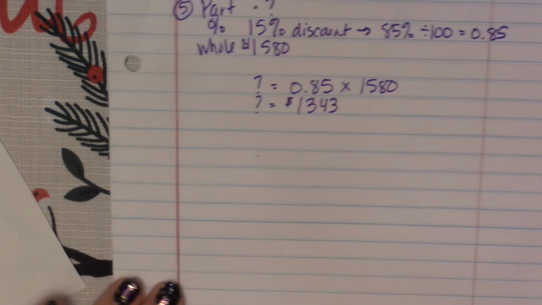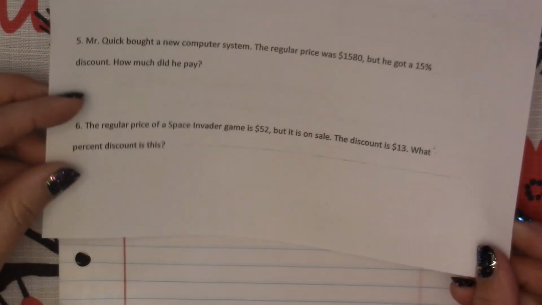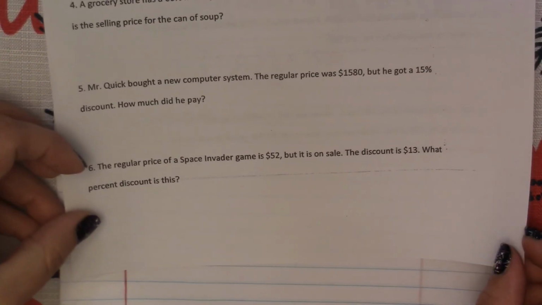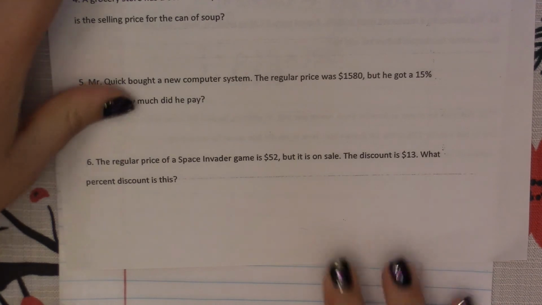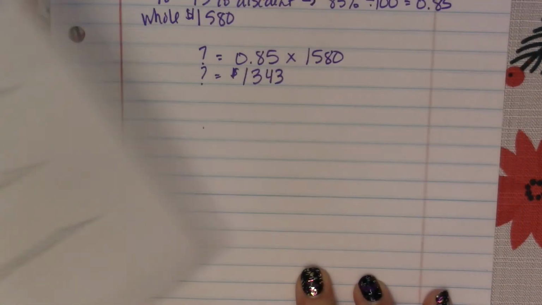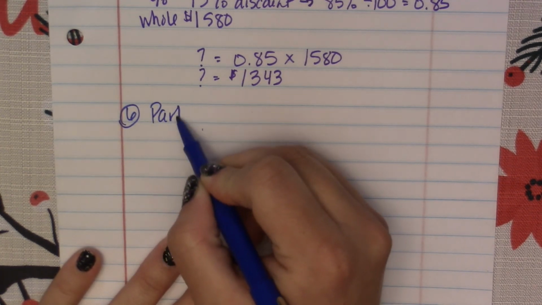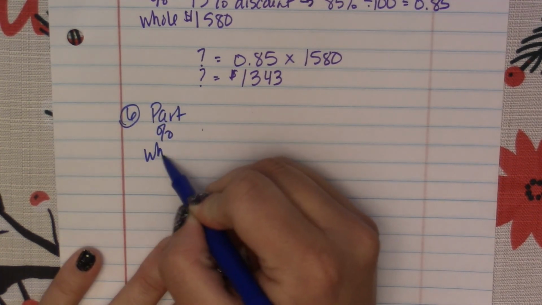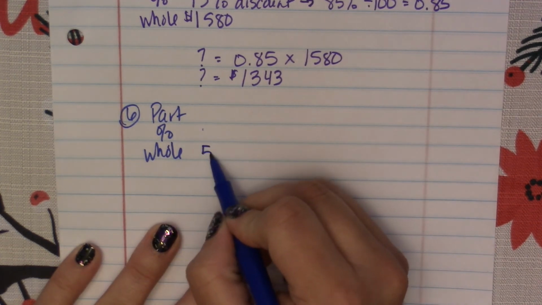All right, let's go over number 6. The regular price of a Space Invader game is $52, but it is on sale. The discount is $13. What percent discount is this? Let's identify what we know. So the regular price of the game is $52.